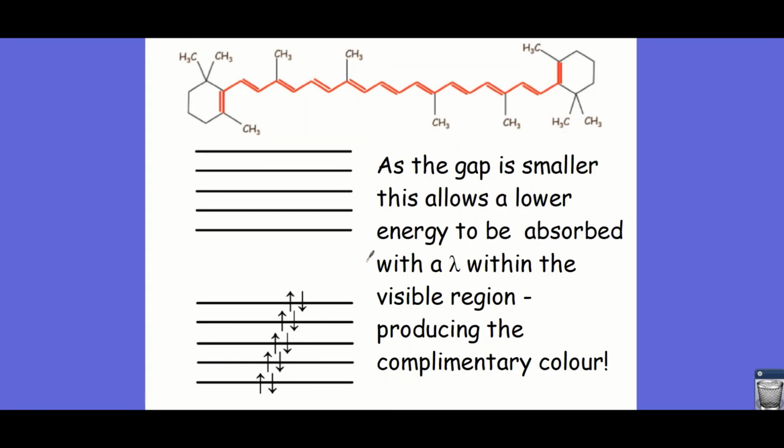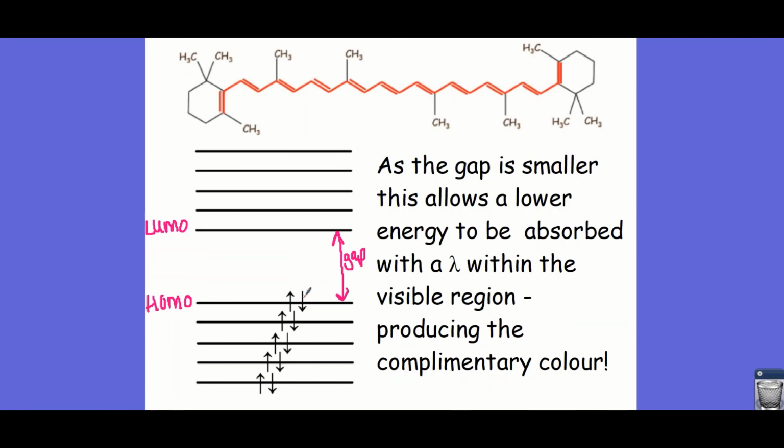Okay, so here we have our, I'll just draw in the energy gap again. So we have our last electron in our highest occupied molecular orbital. And here we have our lowest unoccupied molecular orbital. And we've got quite a small gap here, remember, because we've got many more bonding orbitals and anti-bonding orbitals.